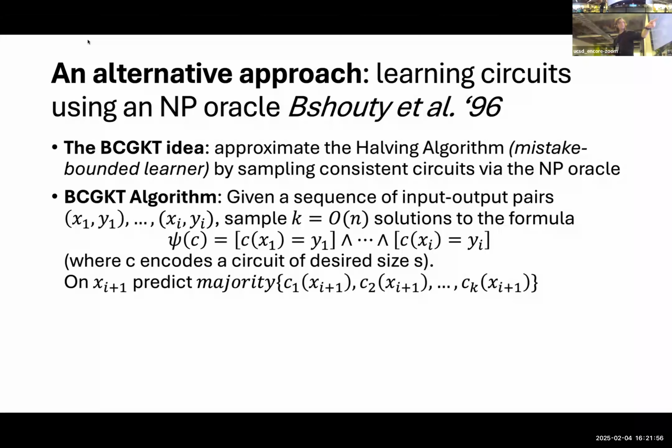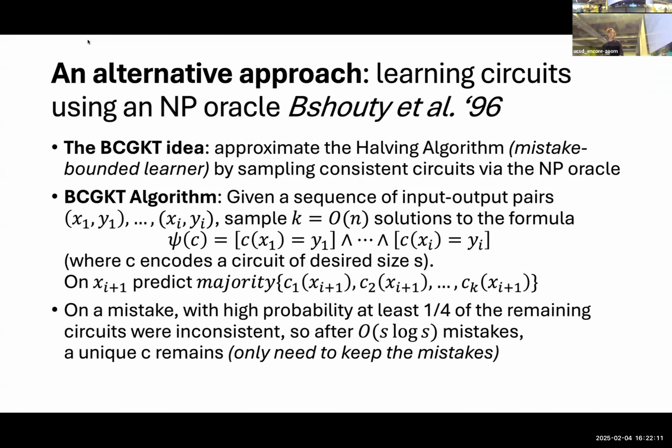So again, I predict according to the majority on my sample. That's a reasonable approximation to the proportion of the remaining consistent hypotheses that would predict that bit. And the same analysis basically applies. For circuits of size S, I only make S log S mistakes. Okay, good.